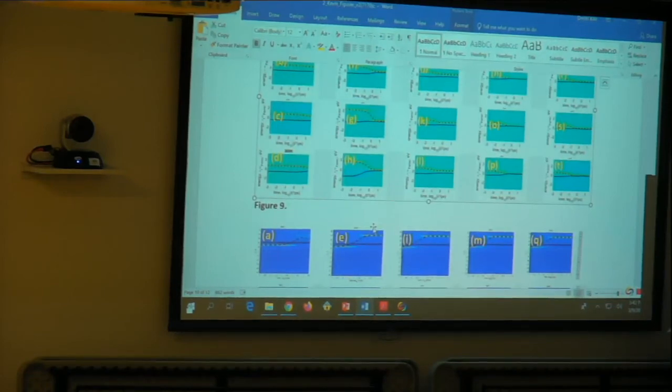Okay. 111, interface 100. Okay, so it's almost 718.